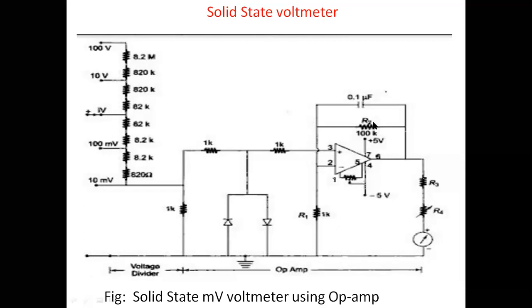Here the 100 kilo ohm resistance R2 and R1 of 1k are connected to the negative terminal of the op amp. Because it is connected in non-inverting mode, the gain of the op amp is 1 plus Rf by R1.